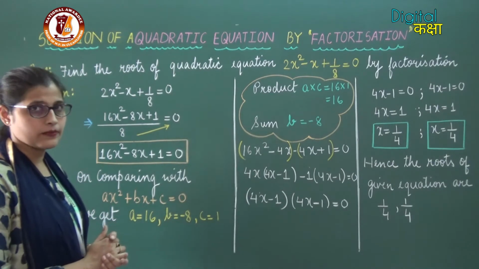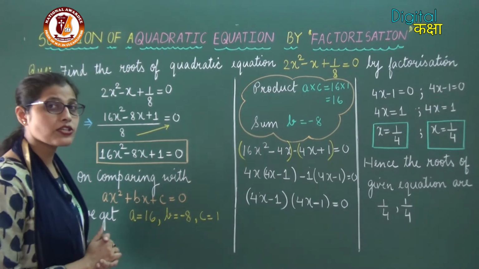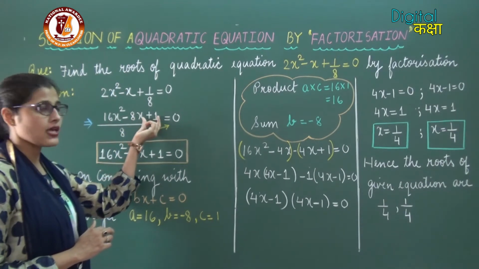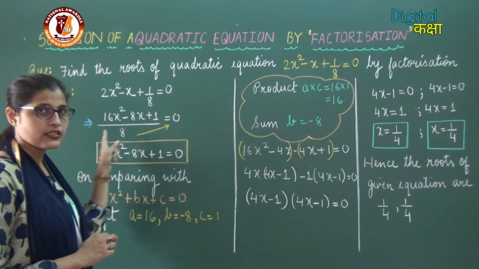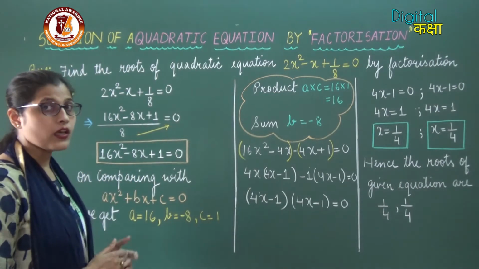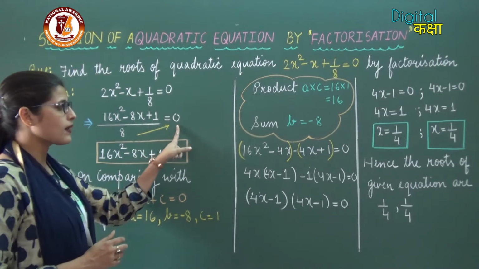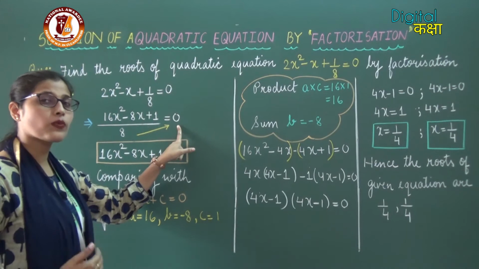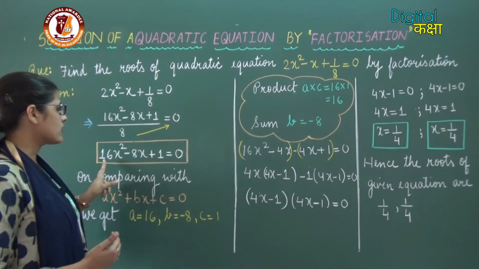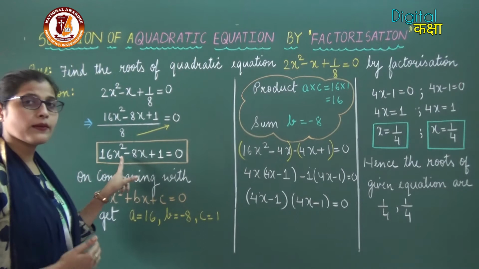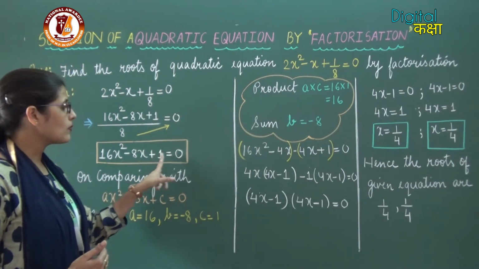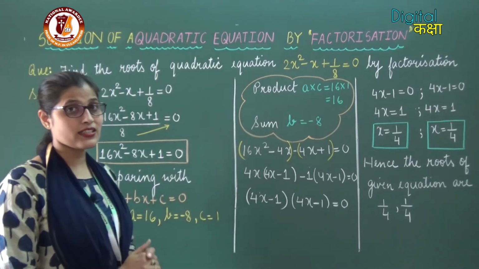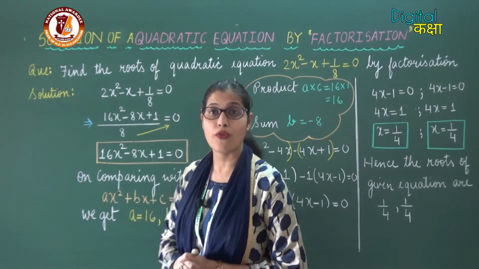On taking the LCM, we will be getting our equation as 16x square minus 8x plus 1 whole upon 8 equals 0. Now, we will cross multiply 8 by 0. Anything multiplied by 0 will be equal to 0. Therefore, 16x square minus 8x plus 1 equals 0 is the required quadratic equation in the standard form.